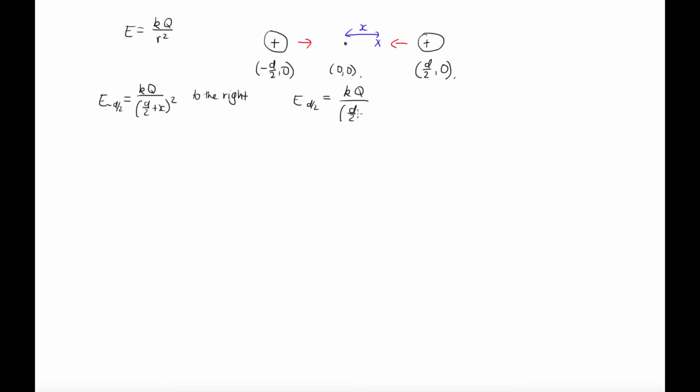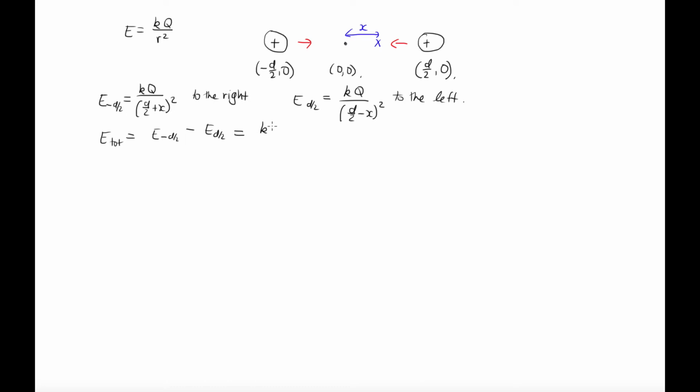So we'll have d on 2 minus x, and that's squared, and this one is to the left. And so the total, we'll just need to sum these together. So the positive direction is taken as to the right. So we'll have E at minus d on 2 and then minus E at d on 2, and this is to the right.